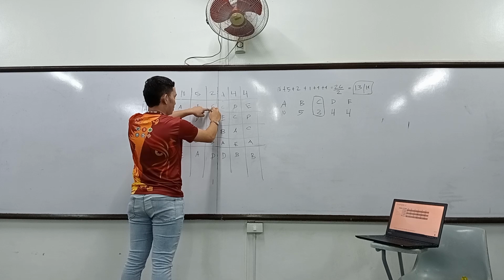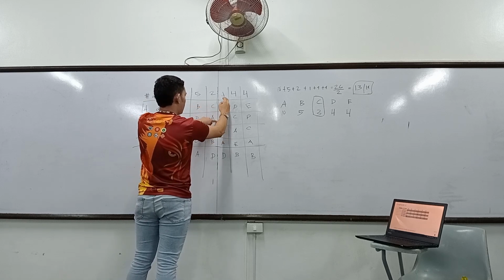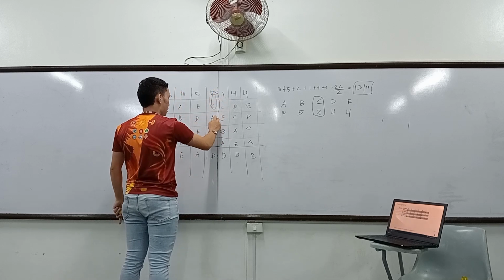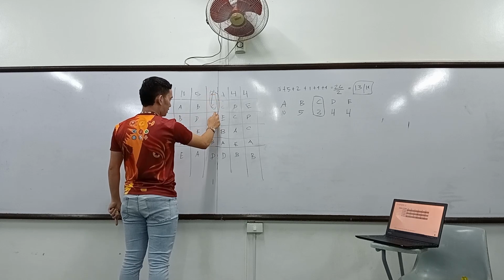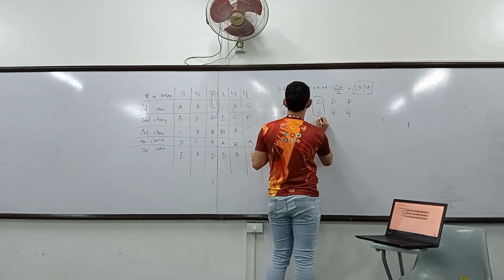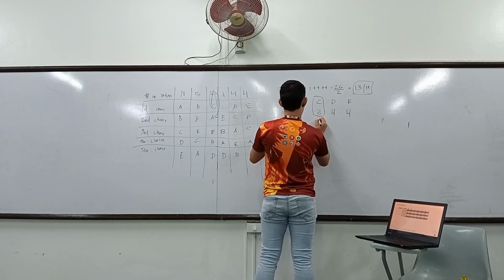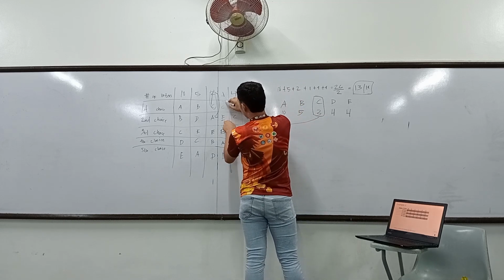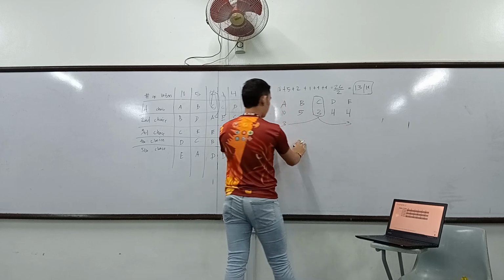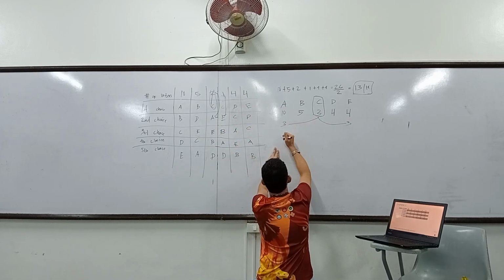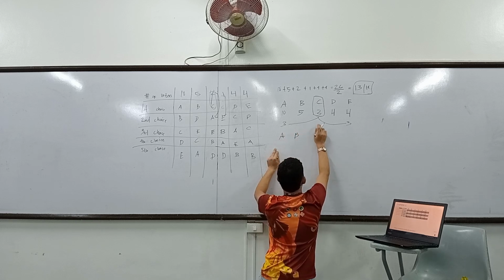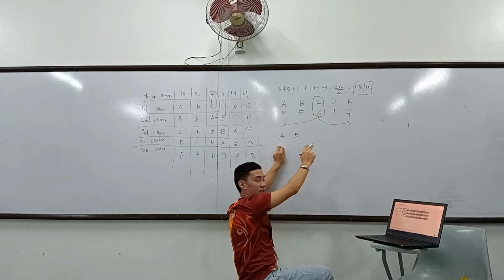Candidate letter C got the second vote, candidate letter A. So candidate letter C has the vote to A, 3, and letter E. So the next step should do the same process. A, B. As you can see, candidate letter C is eliminated on this table.